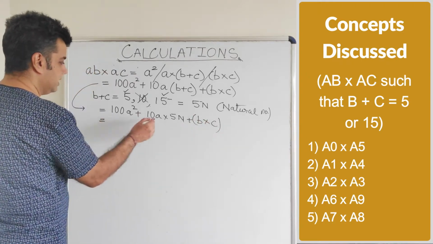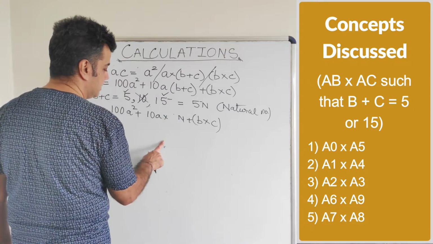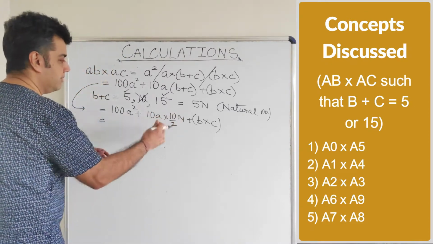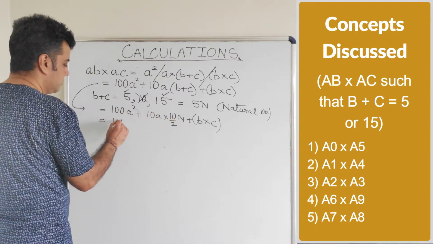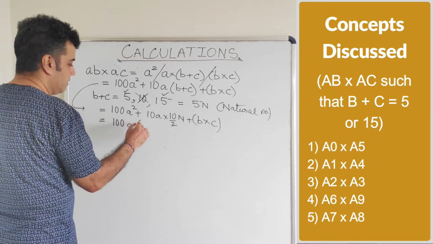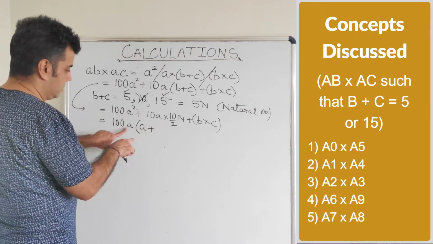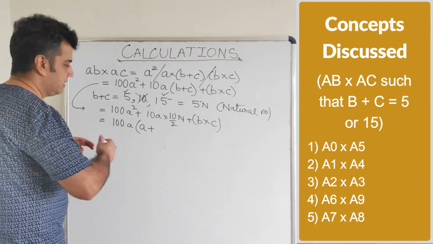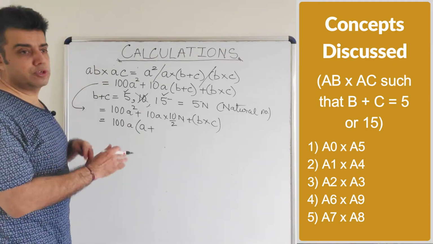Now can I call this 5n as 10 by 2? This is another way to interpret it. Why have I done this? Because in that case, I can straight away take 100a as common, or I can take 50a as common, and let us see what I am left with.